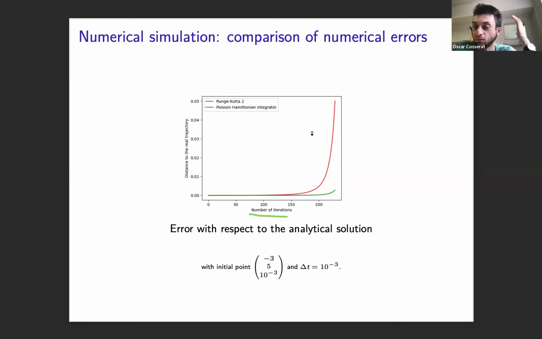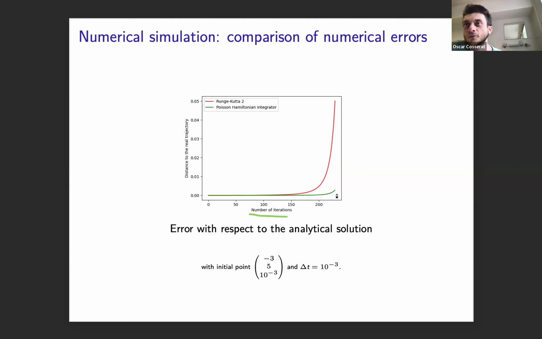If a quantity goes to infinity, whatever your numerics will be, it will explode anyway. So your computer cannot quite handle too big numbers. But before it explodes, the Hamiltonian Poisson integrator remains quite close to the real trajectory.